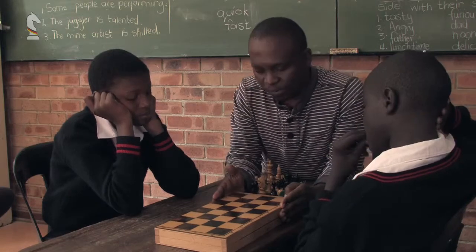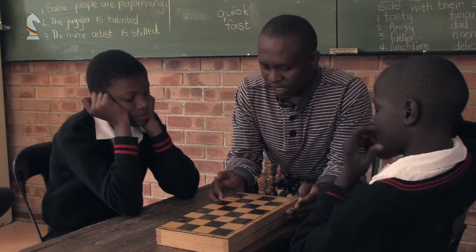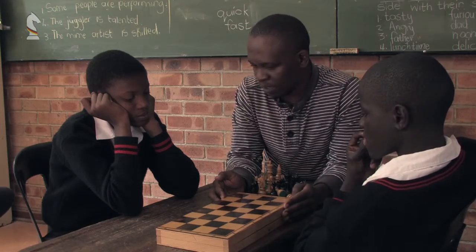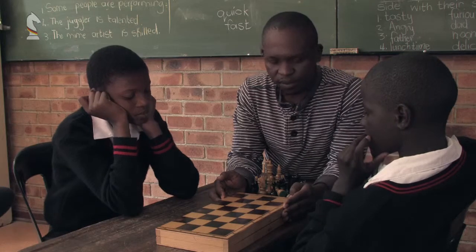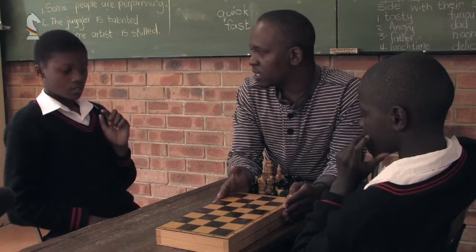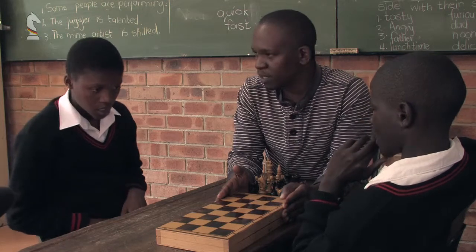Okay, so now I'm going to do it easy for you. The knight is on c4 and the rook is on e8. What's the worst move that can be done by a knight?